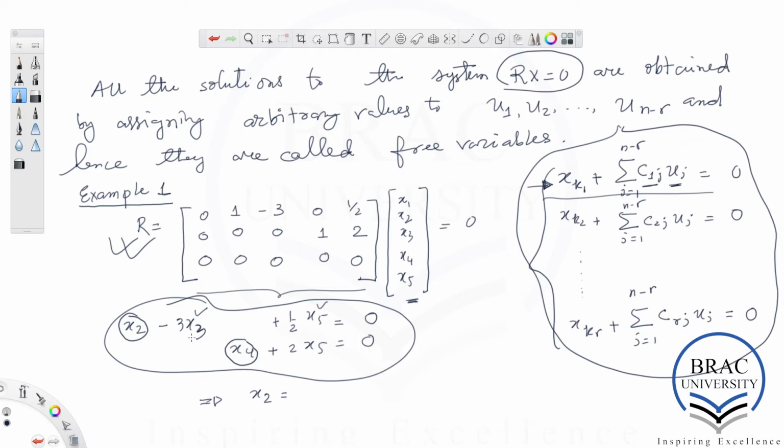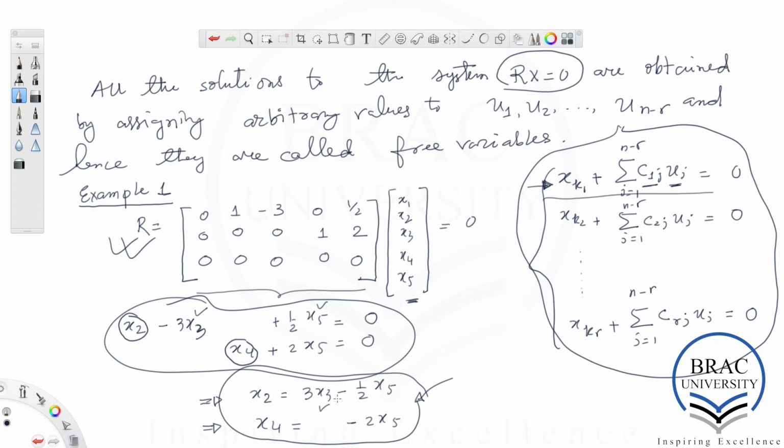Okay, so which gives 3x3 minus 1/2 x5, and the leading variable x4 is equal to negative 2x5. Okay, so this is the solution of the system, but now we can assign arbitrary values to these free variables.